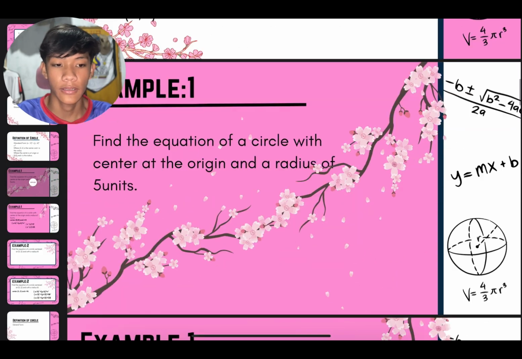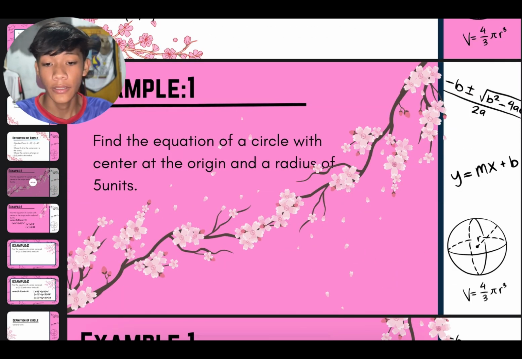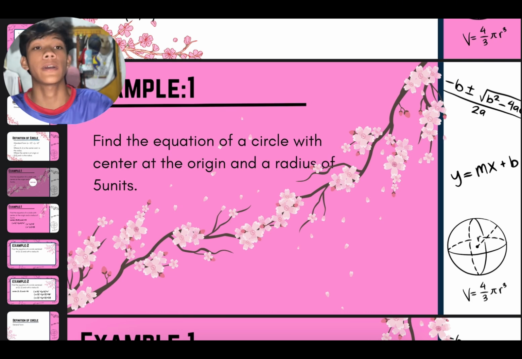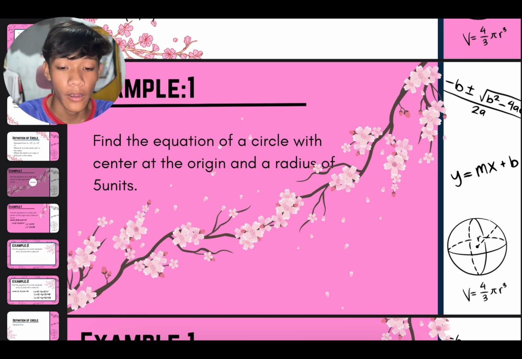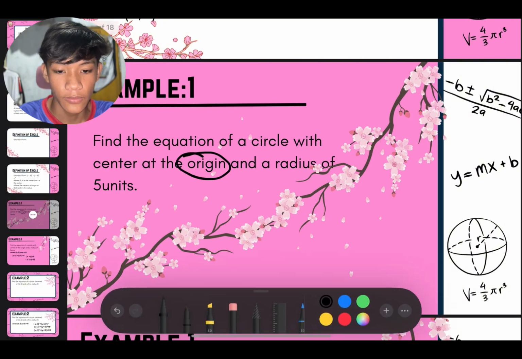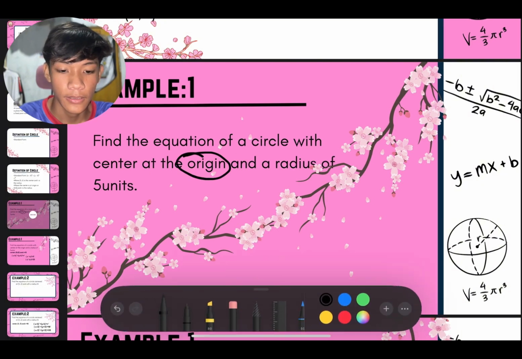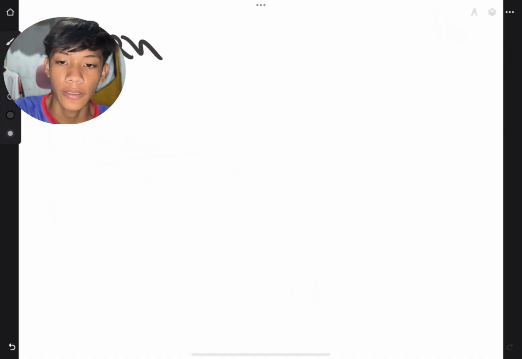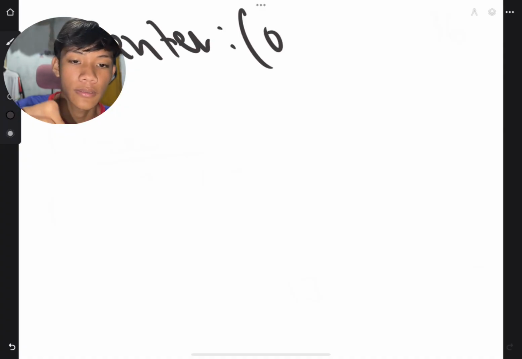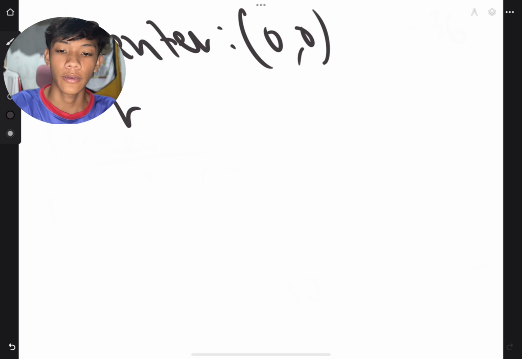So, let's have example 1 right here. Find the equation of a circle with center at the origin and a radius of 5 units. As I said earlier, if the center is at the origin, it must be (0, 0), right? So our center now is (0, 0) and our radius is 5.